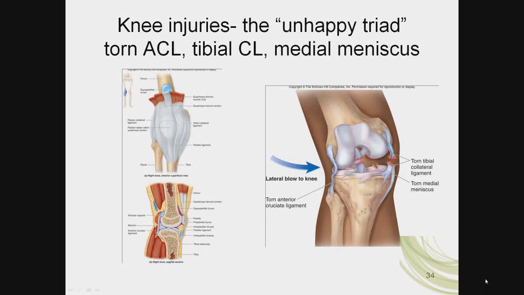Conversely, a PCL tear may occur if the leg is hyperflexed, or if the tibia is driven posteriorly on the femur. PCL injury occurs rarely because this ligament is rather strong, and the physician will do a posterior drawer test, which means, again, the patient sitting down with knees bent over the table, and if the physician can push the tibia posteriorly, like pushing a drawer closed, that's indicative of a PCL tear.